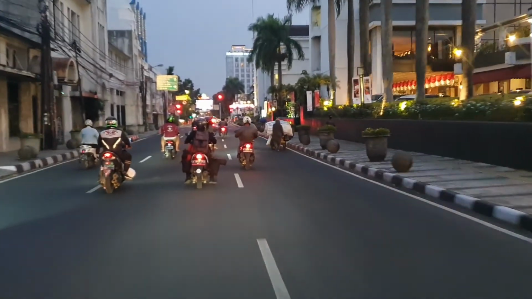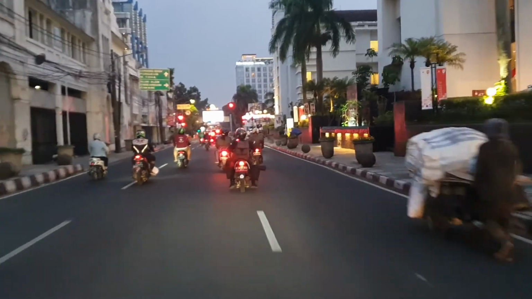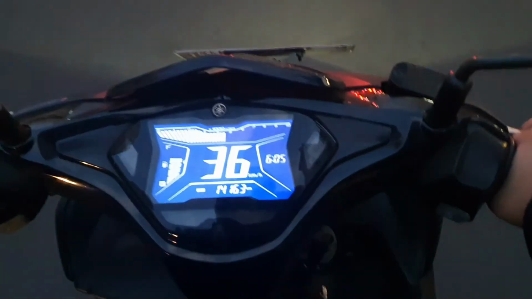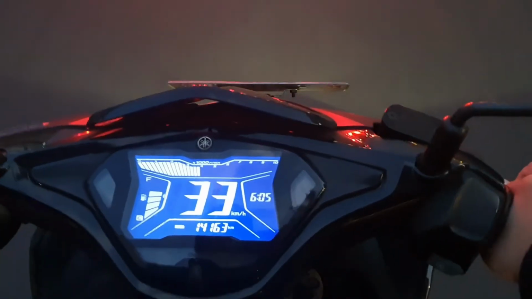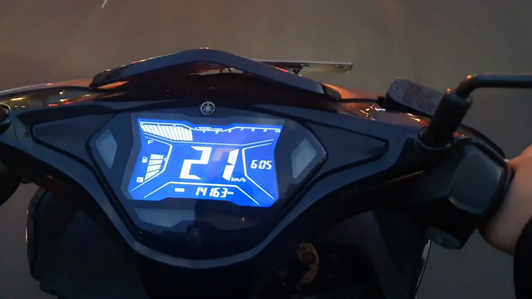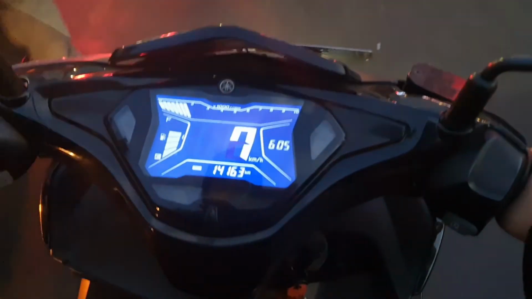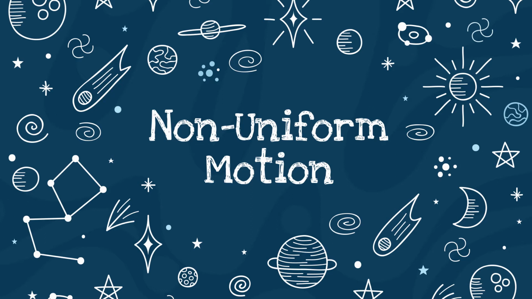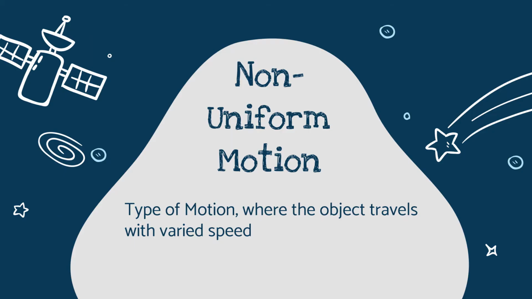Meanwhile, when we see a red traffic light, we squeeze the brake on our motorcycle or step on the brake pedal in a car to make the velocity decrease till we stop or hit the zero mark. So the movement of our vehicle when we step on the gas pedal or brake pedal is called non-uniform motion.